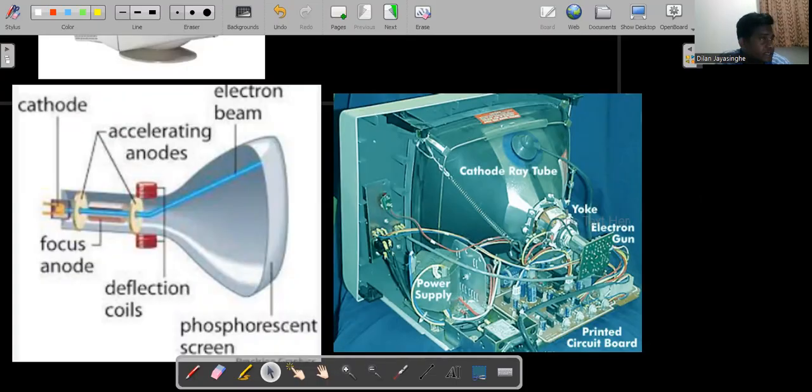And its technology, right? Then write down the next topic, disadvantages of CRT monitor and its technology.